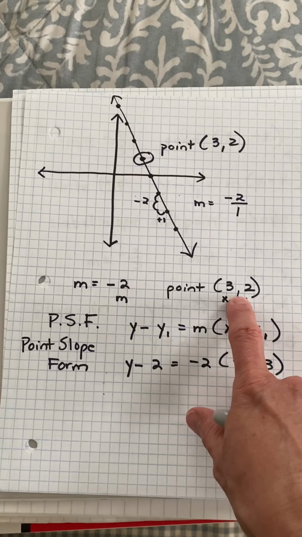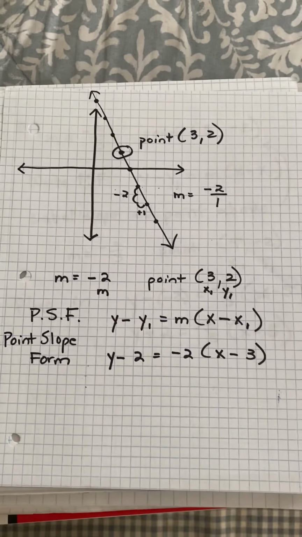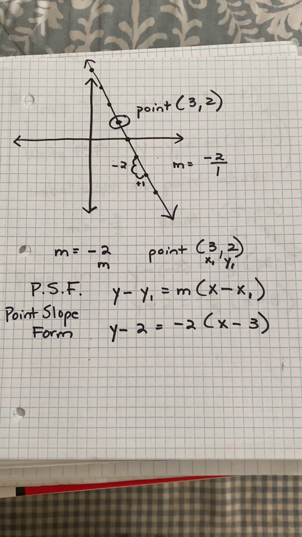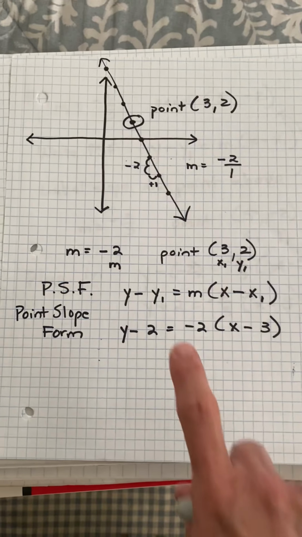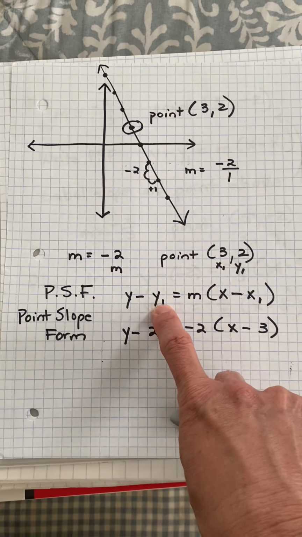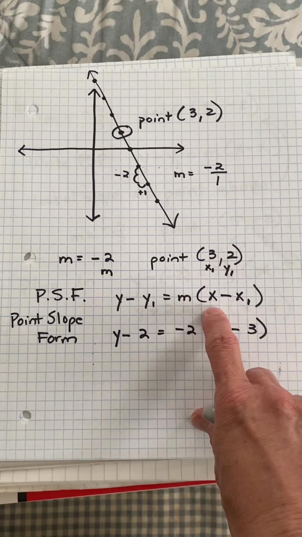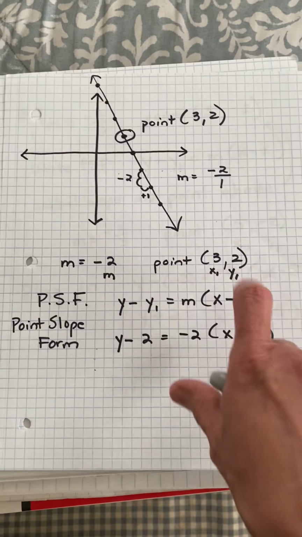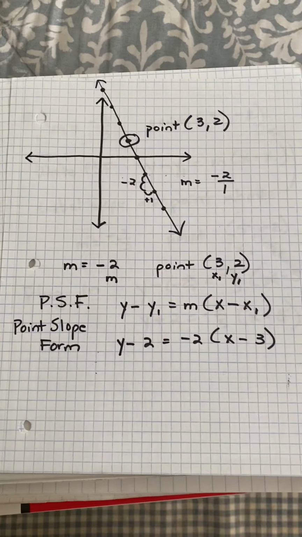If you're given a point and a slope, you can really easily come up with the equation of the line by going into point-slope form. Point-slope form is y minus y sub 1 equals m times x minus x sub 1, where x sub 1, y sub 1 is the point, and m is the slope.